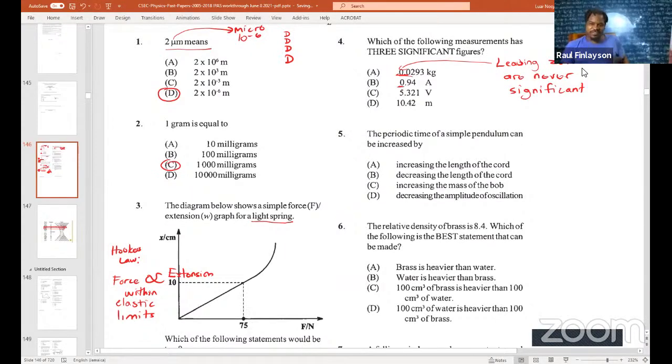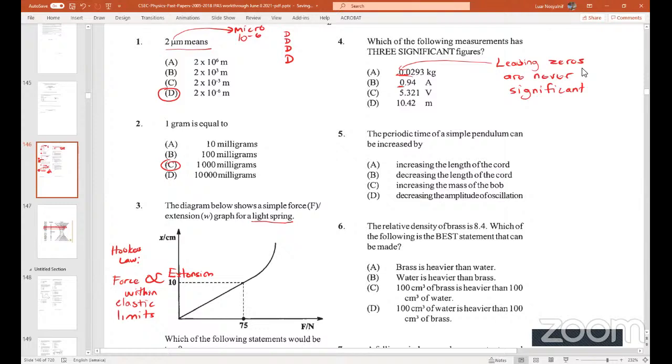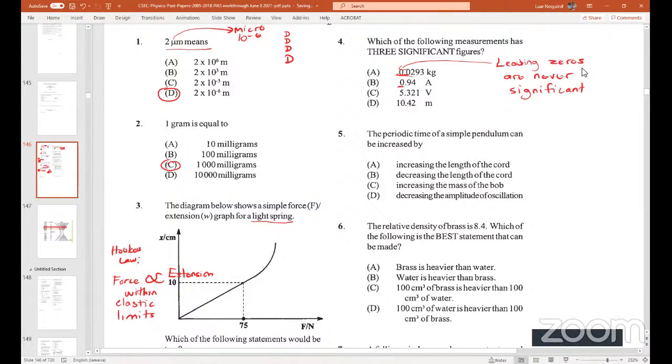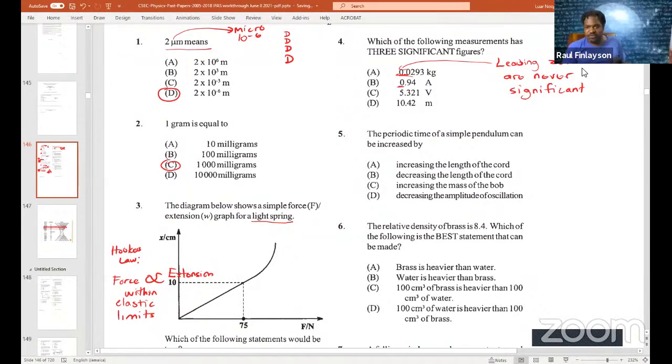Yes, leading zeros. Sir, I've heard non-zeros before, but it's the first time I hear leading zeros. Well, there you go. When zeros start a number, they are never significant. Even if there's a point there, never significant. So that's the rule here.